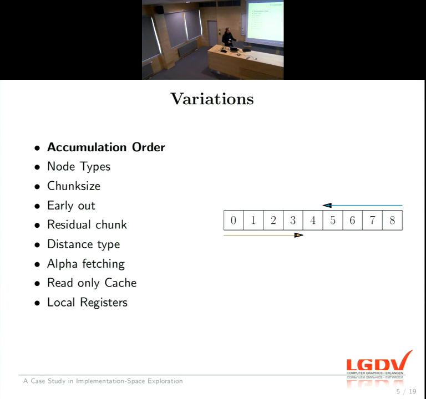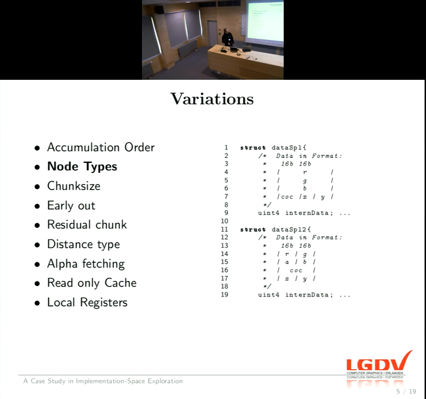Or alternatively, we can use different node types. In the list, in addition to the color, we also store the pixel position X and Y, and the circle of confusion. When we use different node types, we can actually add information, for example, the transparency or the alpha value.